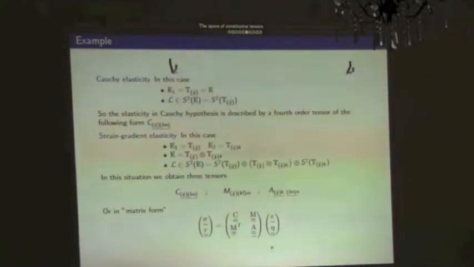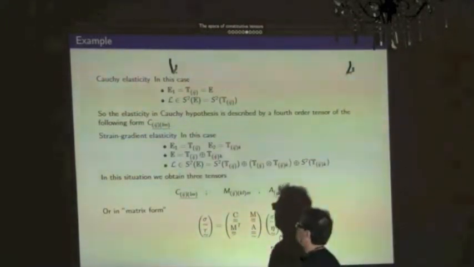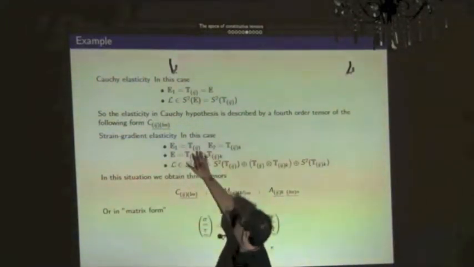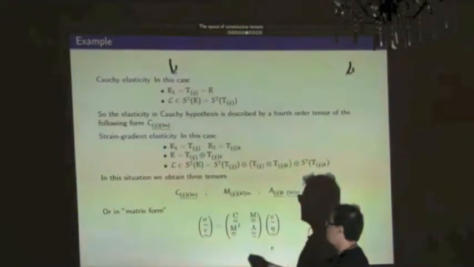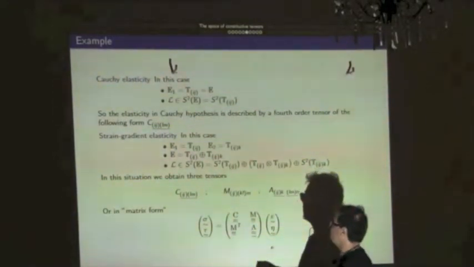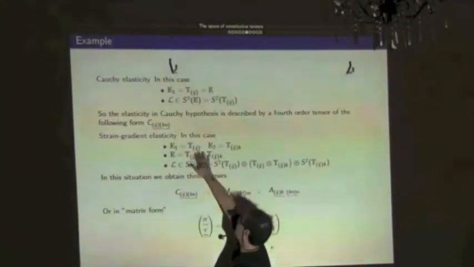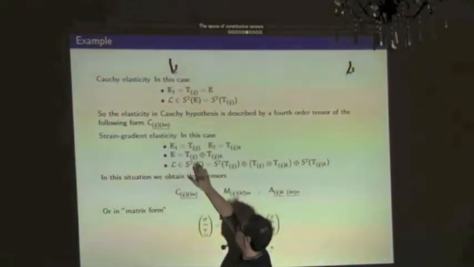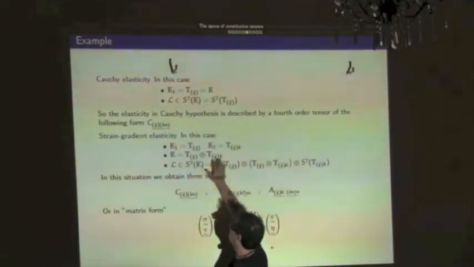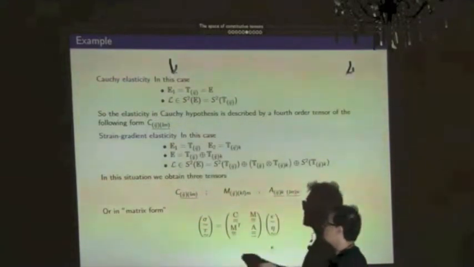I think it will be clearer in one example. If I consider strain gradient elasticity, I need those two spaces to describe the state of my matter, so the strain and the stress tensor. So the complete description belongs to this space, which is the direct sum of the two.